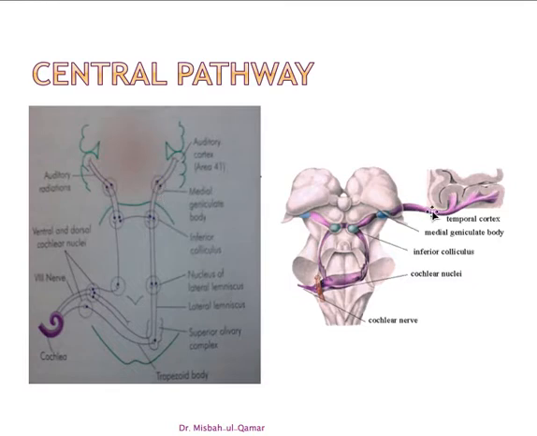And from the medial geniculate body, the fibers finally go to the temporal cortex as the auditory radiations. So that is the flow chart of the auditory pathway.